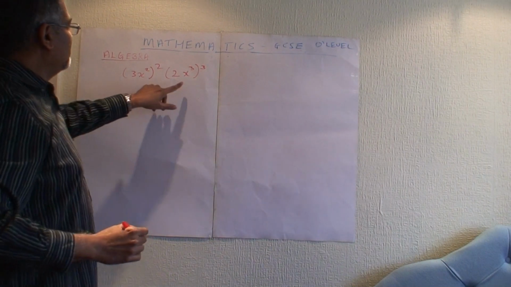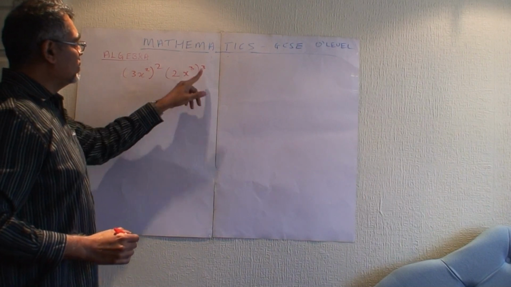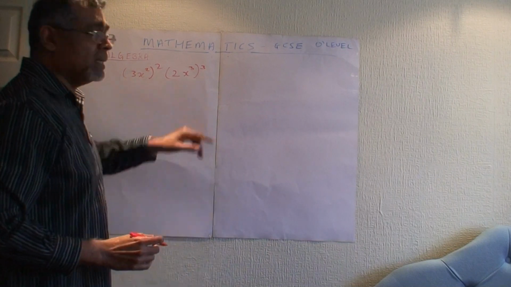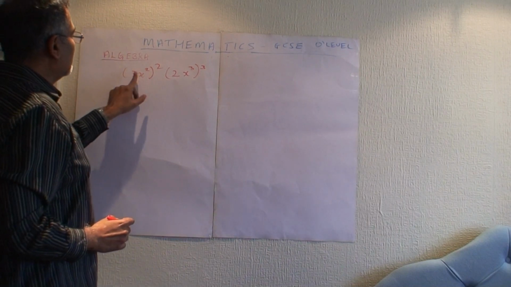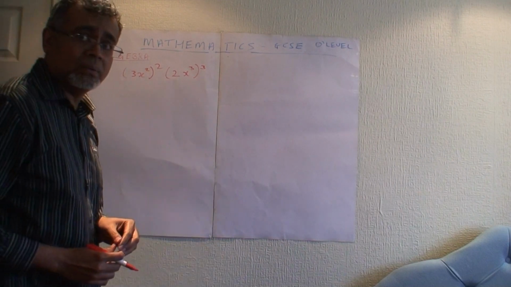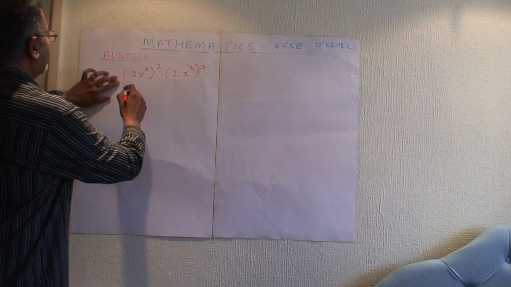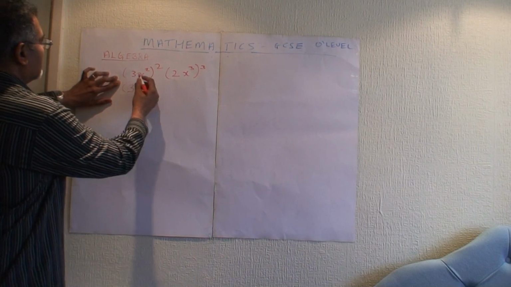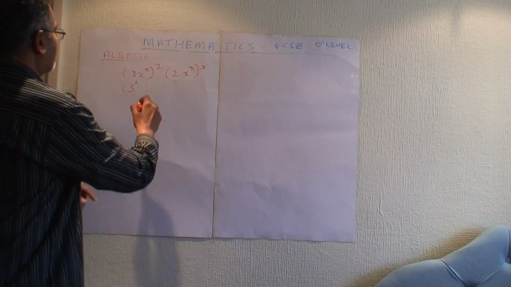Okay, so here we have now an expression here, right? With all of them with powers, different powers outside the bracket, right? So we have to multiply each variable by the powers outside the bracket. So this 3 becomes 3 squared, right?